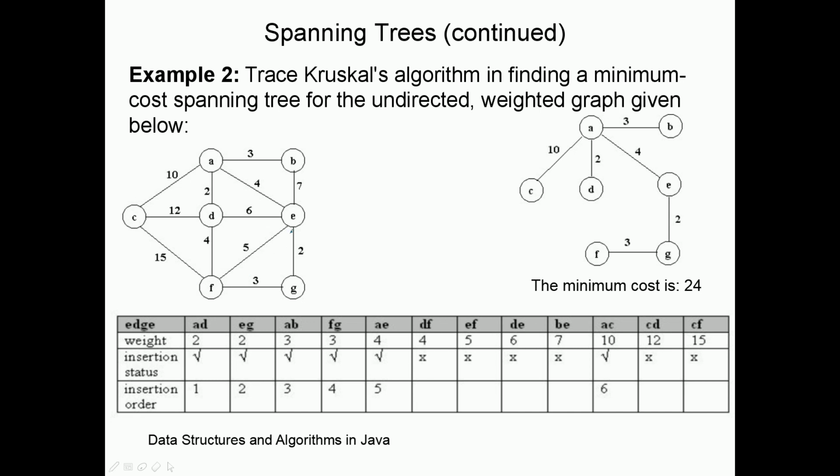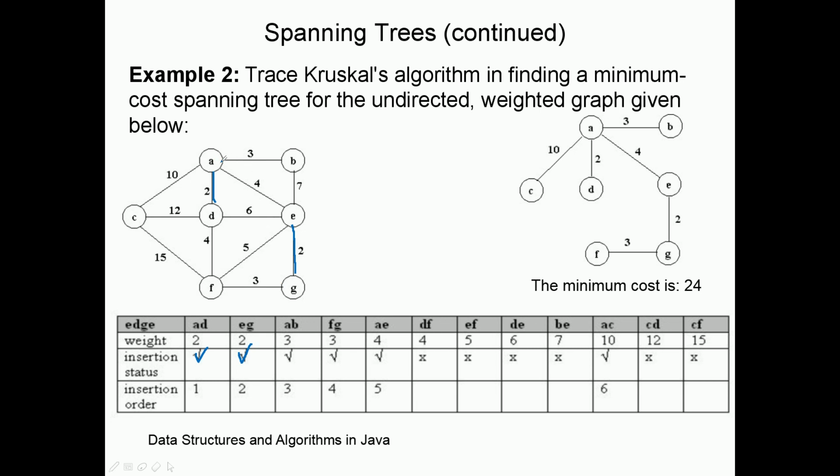So now basically we have 2 and 2. Which one do we start with? AD, and then EG. When we have sorted all the edges, we check the ones that we're going to use. We're going to be using these ones, so we use them. Then the next is the 3. We have 2 of them, AB and FG.